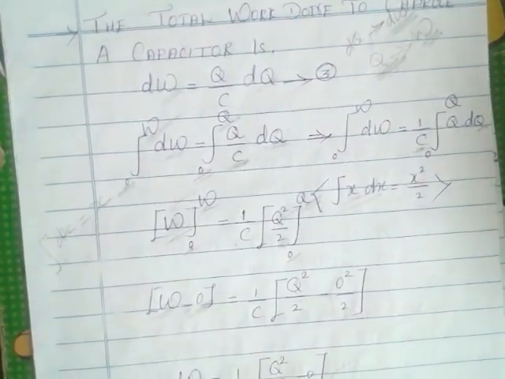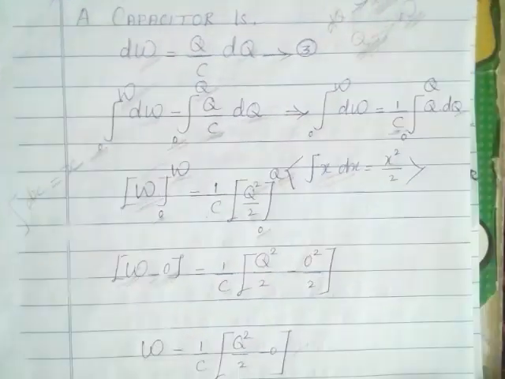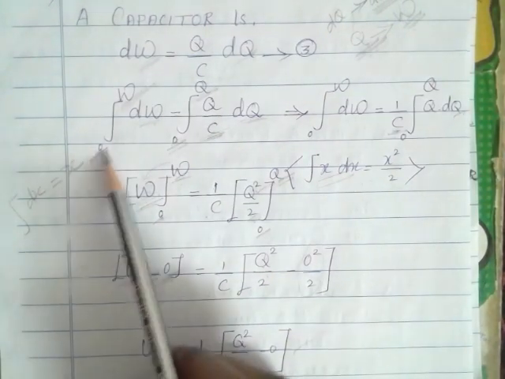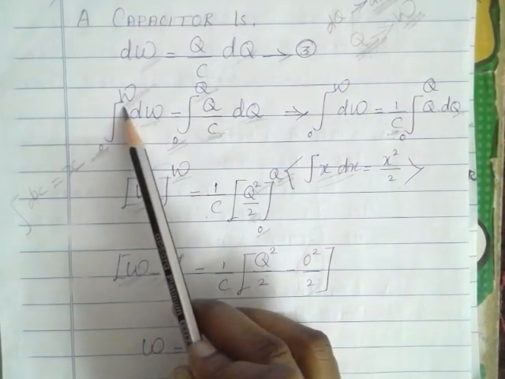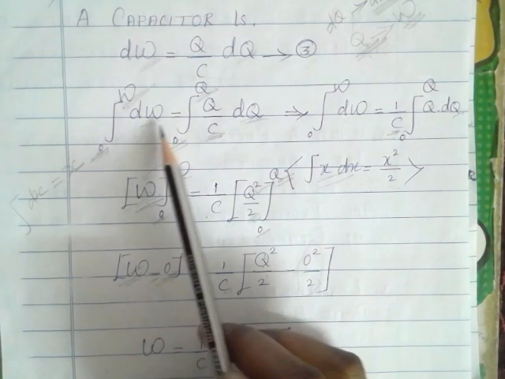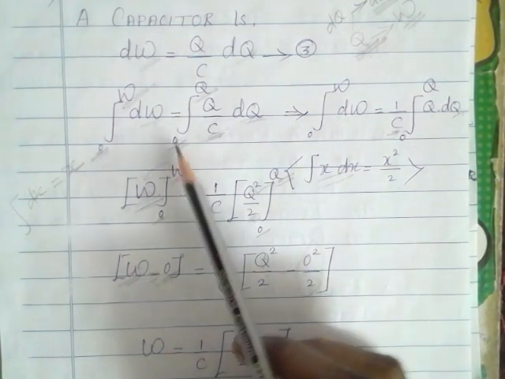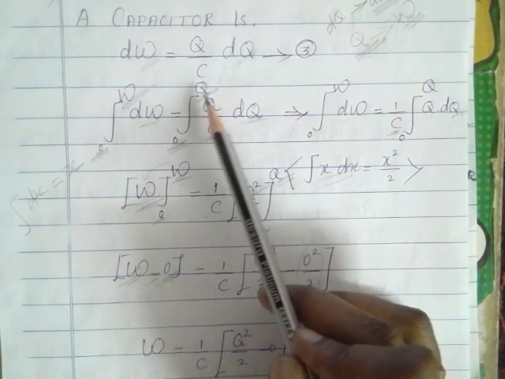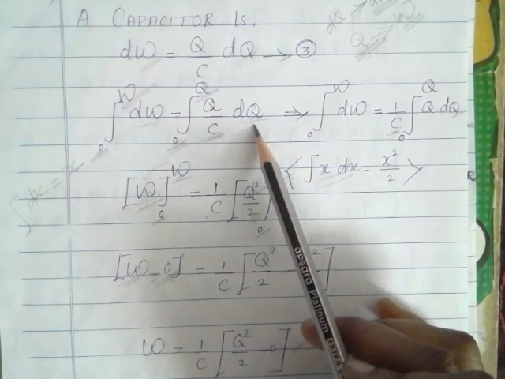To find the maximum work done, I am going to integrate equation number 3, that is, integral of the work done from minimum 0 to maximum W, dW, is equal to, on the right side, minimum charge 0 and maximum charge Q, integral 0 to Q of Q by C into dQ.